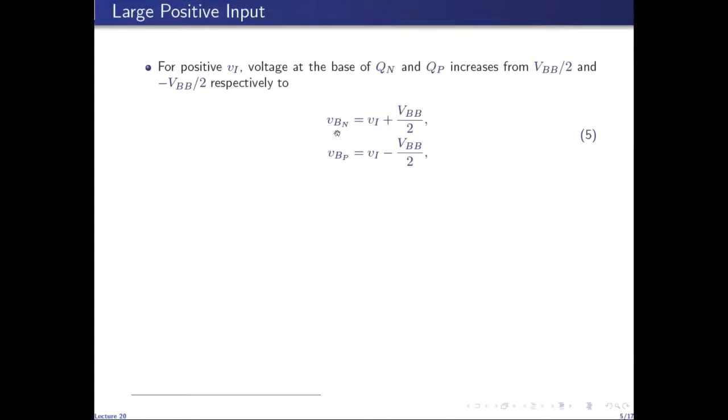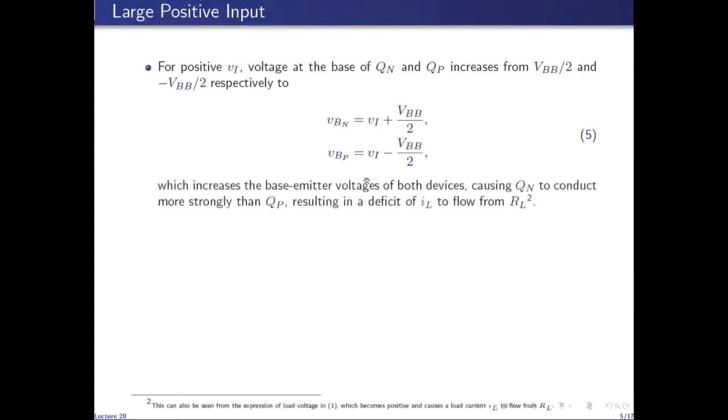So VBN increases to this value, VBP increases to this value, and like I said, VBN becomes equal to VBE of N, and VBP becomes equal to VBE of P. So an increase in base voltages while the emitter is at ground means that the base emitter voltage of Qn will increase, and the base emitter voltage of QP will increase.